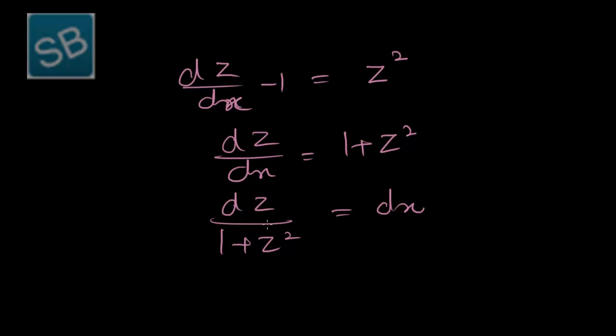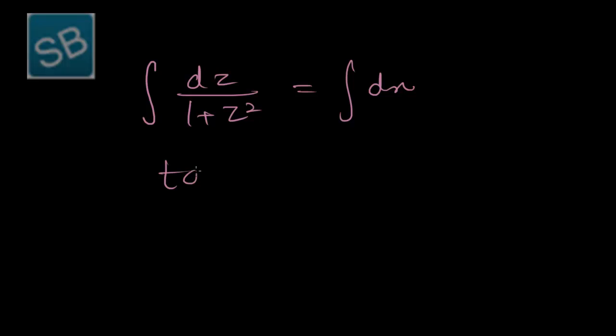Then integrate it. We will get integration of dz over 1 plus z square and integration of dx. So integration of 1 over 1 plus z square is tan inverse z is equal to x plus c.